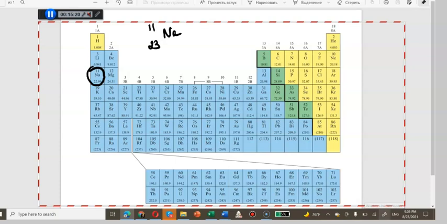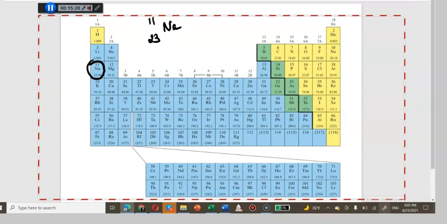To define the number of protons and neutrons and electrons, you need to rewrite these symbols. Sodium, 11 goes here and 23 goes here. Can you see I just changed the place of this number? So 11, this is the atomic number, and 23 is the mass number.